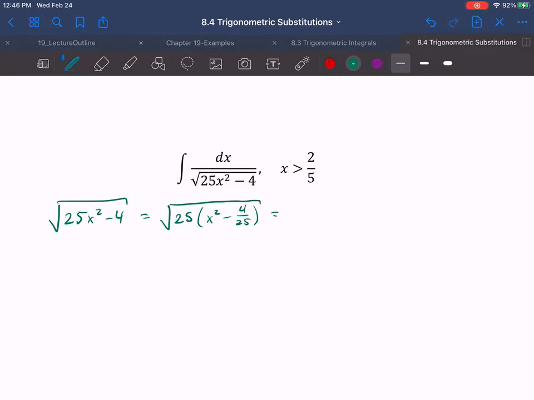And then we can bring that 25 out, take the square root of it, and get 5 times the square root of x squared minus 4 over 25, which is 5 times the square root of x squared minus 2 over 5 squared.